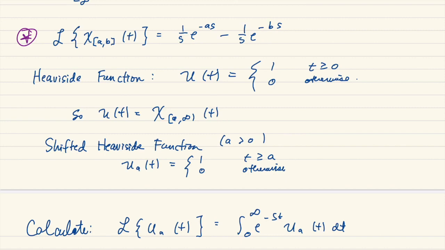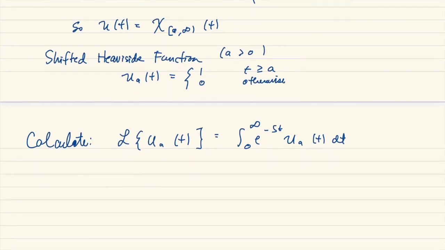And this is going to be 1 if t is greater than or equal to a, and it'll be 0 otherwise. And so this turns out to be the integral from a to infinity, e to the negative st, times u sub a, which is 1 over this range, dt. Now if we evaluate this integral, we're going to have negative 1 over s, e to the negative st, from a to infinity.